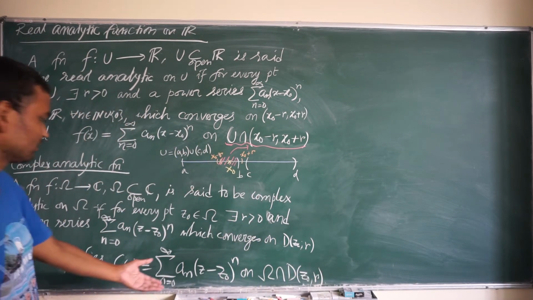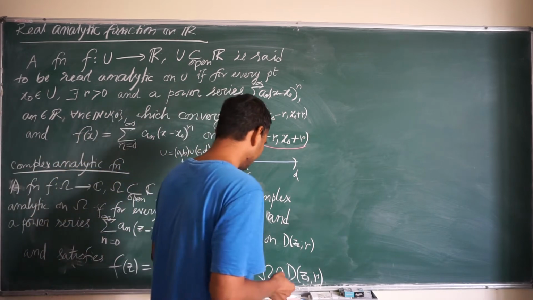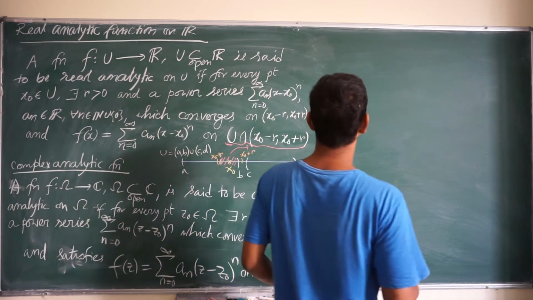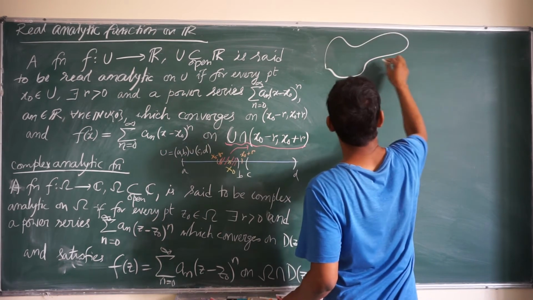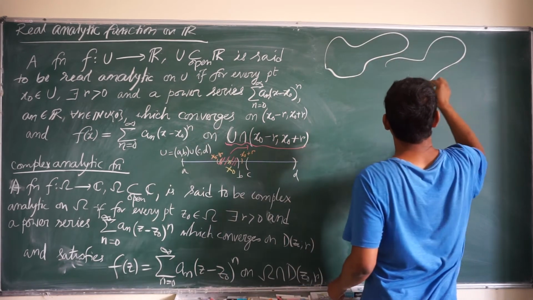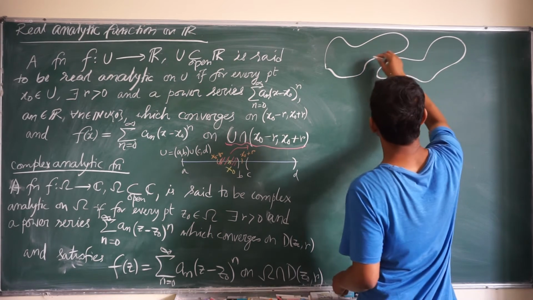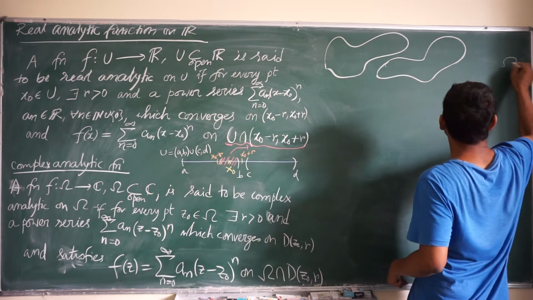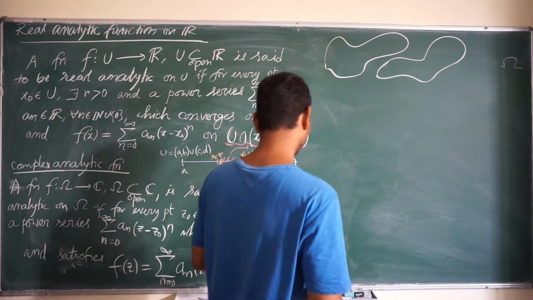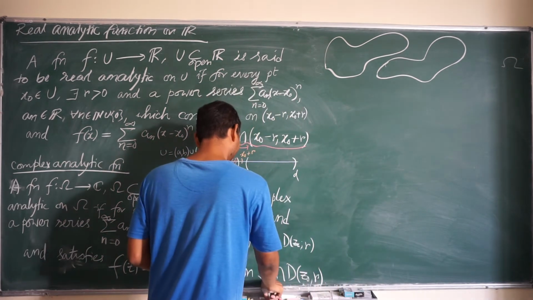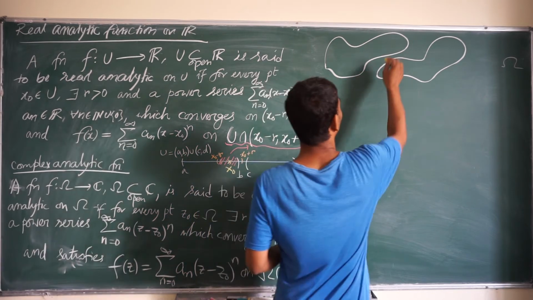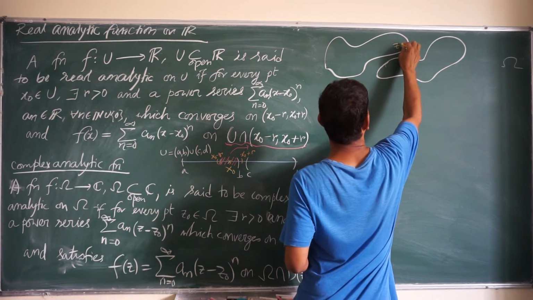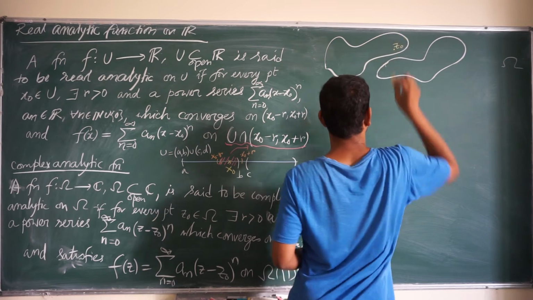Alright, so let's look at the picture again in this case. So suppose omega is of this kind, a union of these two connected components. And let's look at z0 right here.